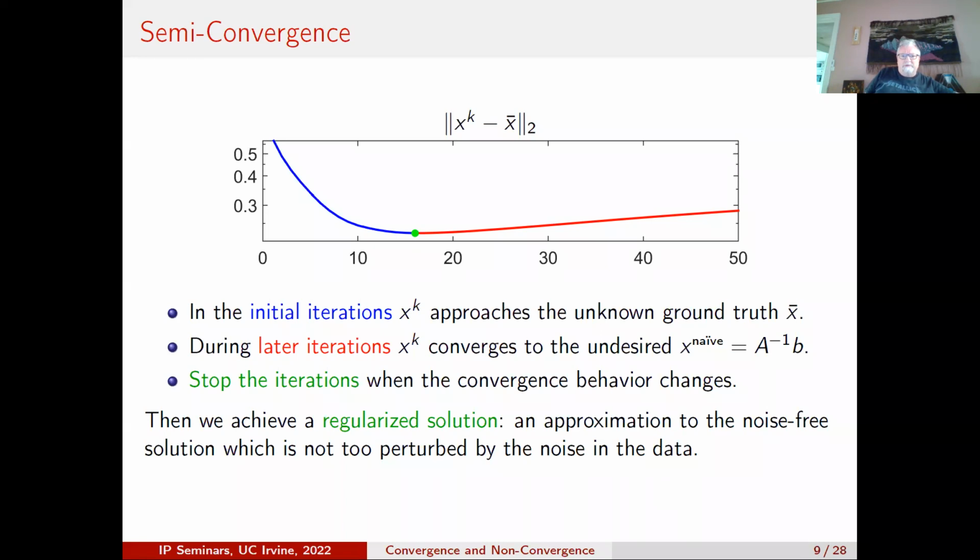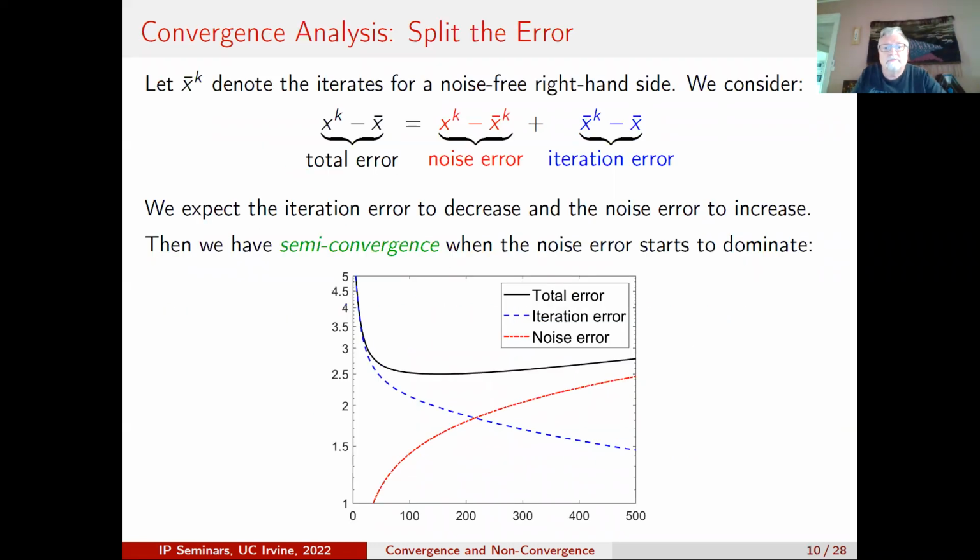So we would like to stop the iterations right at the transition between these two behaviors. And of course, we can explain this. We can explain why this goes on.